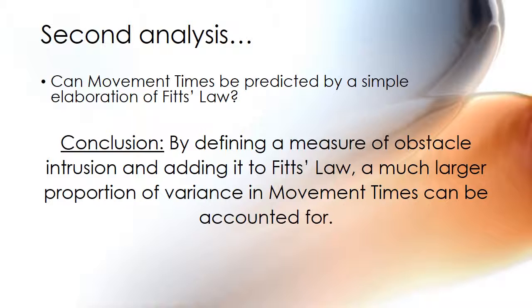Their second analysis, they wanted to take a look at if movement times could be predicted just by taking Fitts's law and using a simple elaboration on it. And what they came up with was that by defining a measure of obstacle intrusion, as they put it, and adding it along with Fitts's law, a much larger proportion of variance in movement times could be accounted for.